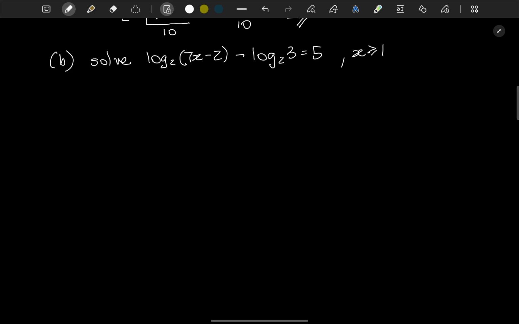Solve log 2, etc. So first of all, let's translate that into Numatican, and we get log 2 of 7x minus 2 minus log 2 of 3 equals 5.